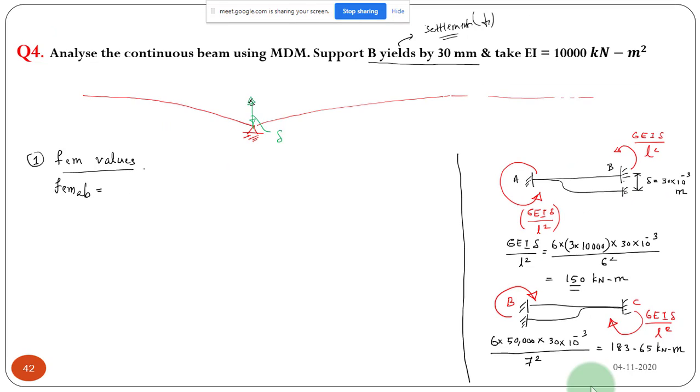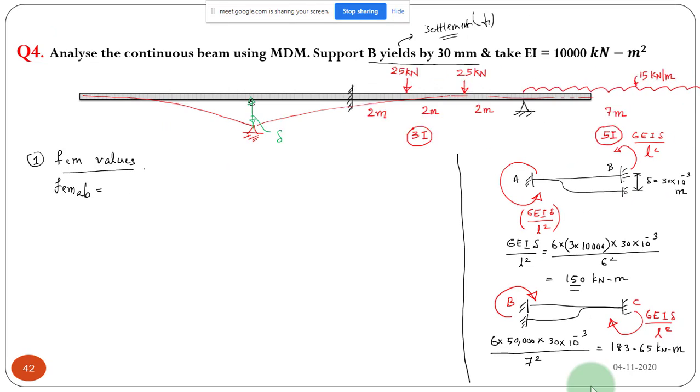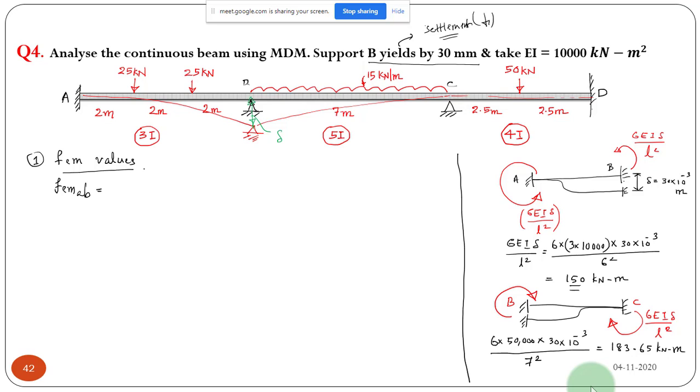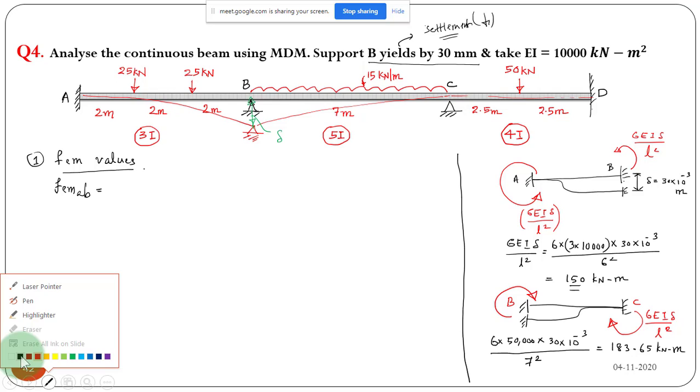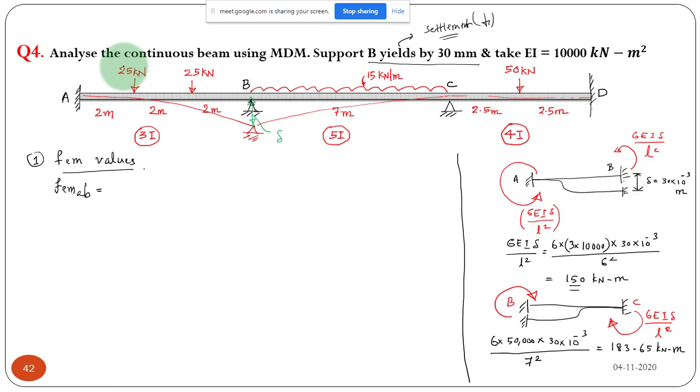This FEM AB, you can also find again: use the formula W A square B by L square and W A B square by L square, do the superposition for the two loads, and you will get minus 33.33. This is the value due to this load. We can also refer to the previous problem which we have done in slope deflection. We have taken the same problem, so all the FEM values are the same.